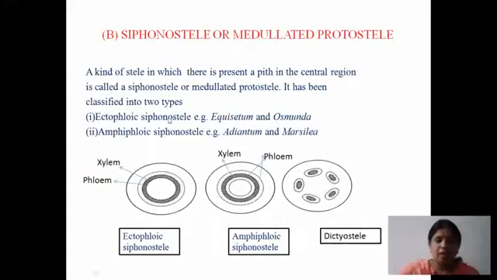Examples of ectophloic siphonostele are Equisetum and Osmunda, whereas in amphiphloic siphonostele, here you see pith, after that it is xylem. The xylem is surrounded on both sides by phloem. This type of stele is known as amphiphloic siphonostele. For example, Adiantum and Marsilea.